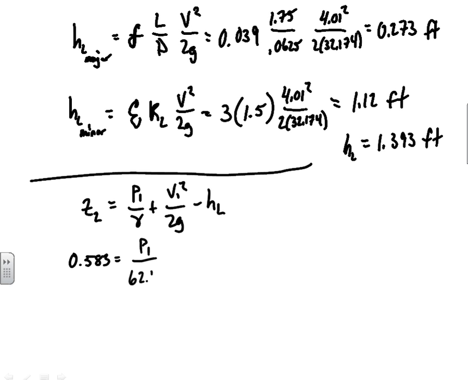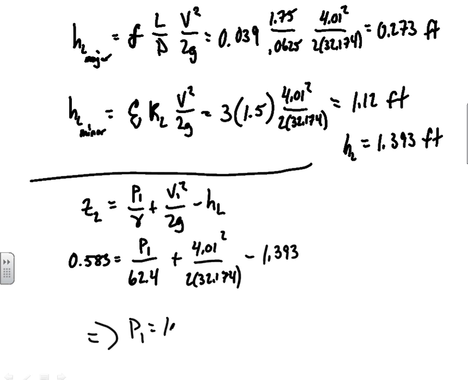Gamma for water is 62.4, plus the velocity we said was 4.01 squared divided by 2 times G, 32.174, minus the head loss we just calculated, 1.393 feet. We can solve this for P1, and we get 108 pounds per square foot, which is also equal to 0.75 pounds per square inch.